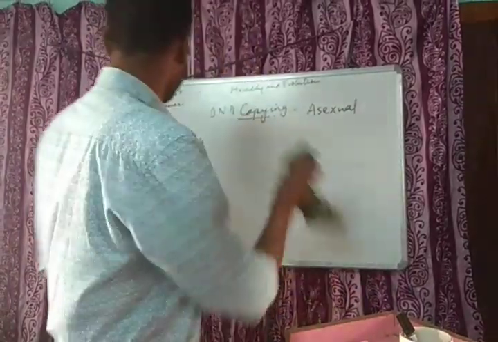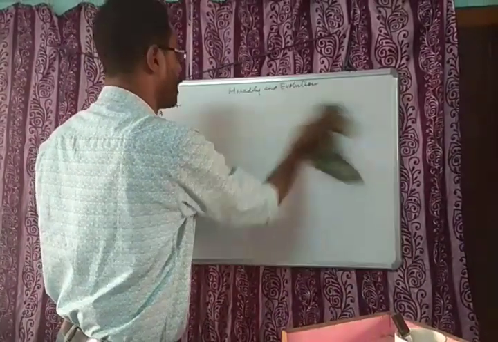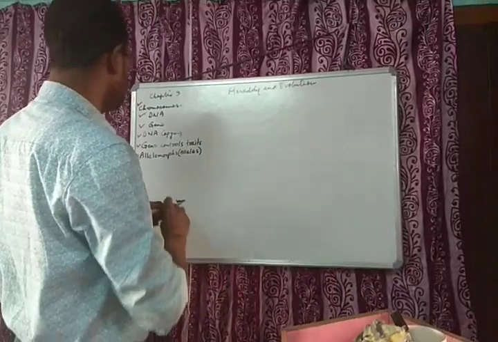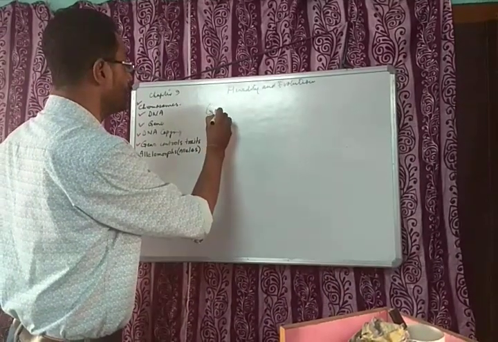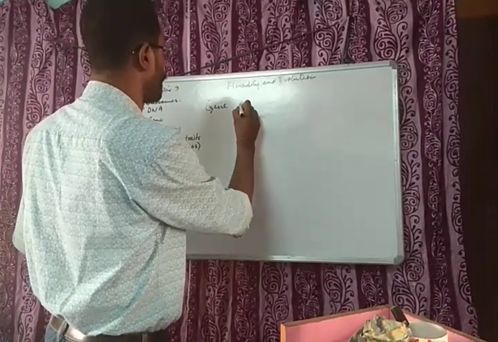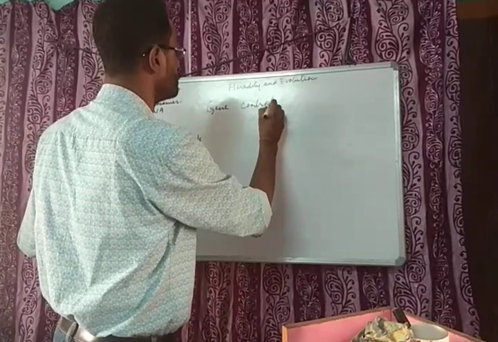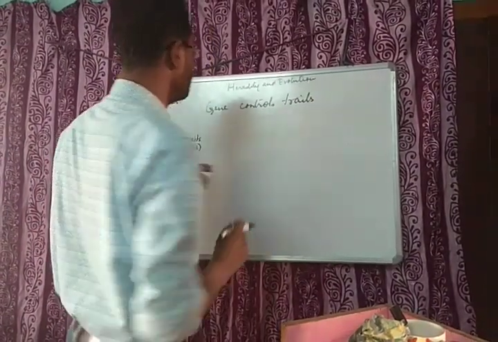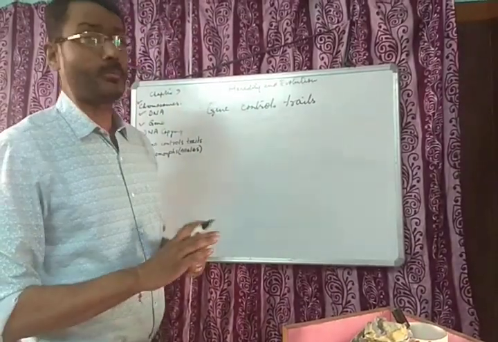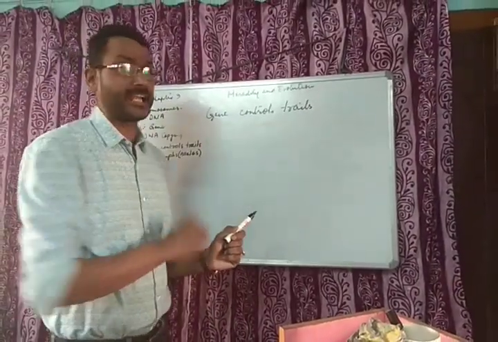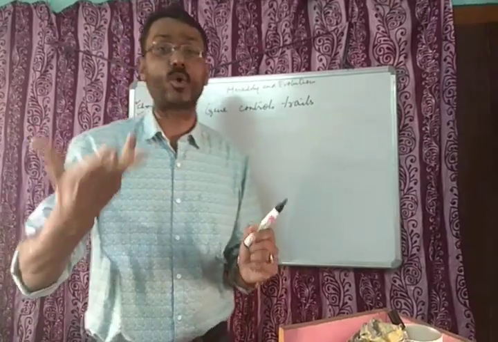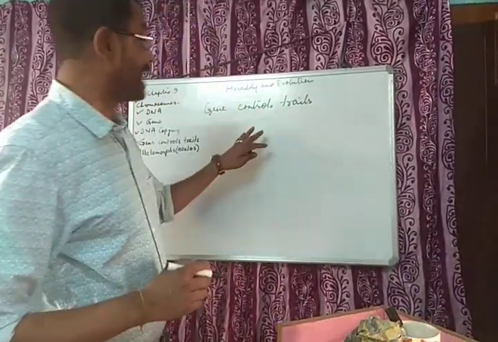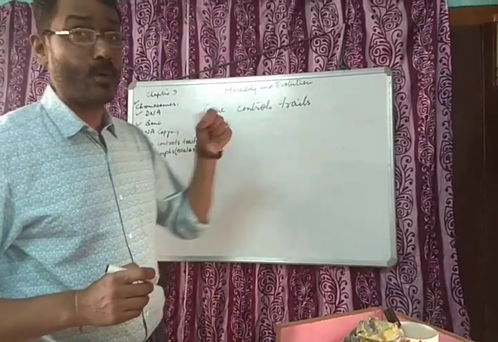So after that, we need to know another terminology called how gene controls traits. You put just why or how in front of that. See now, gene I told you, what is that gene?